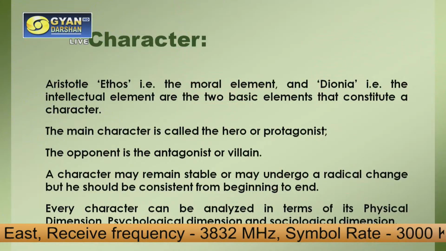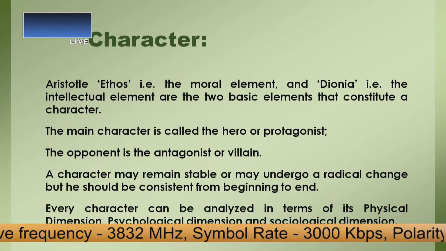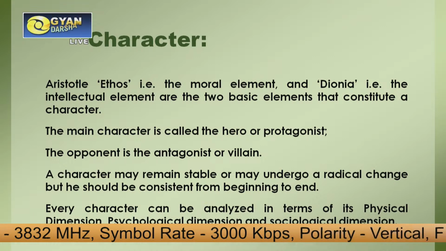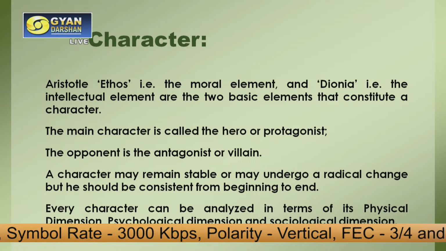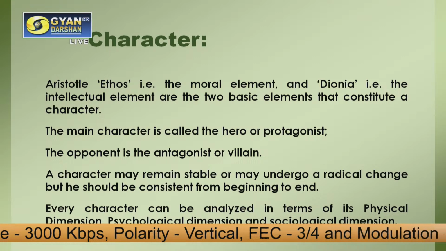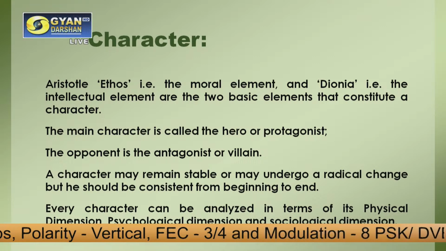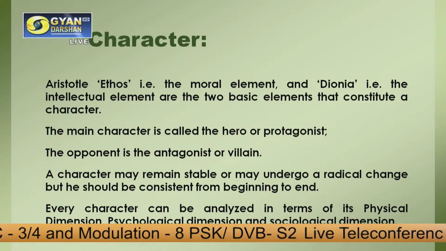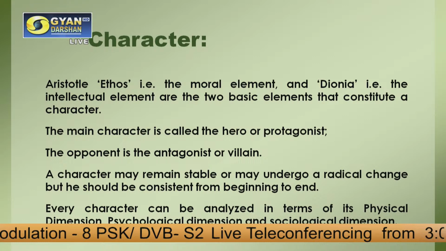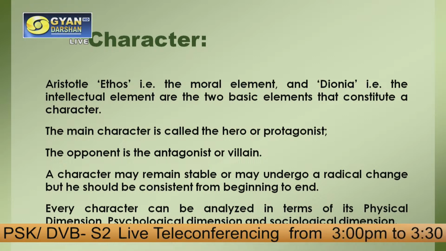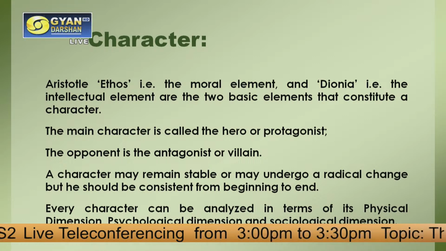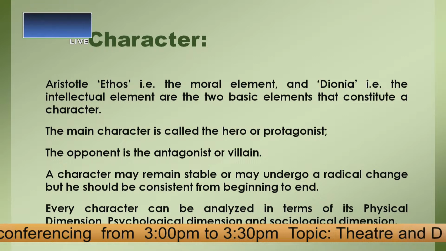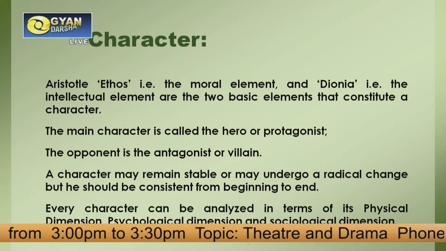So Aristotle used the word ethos for the term character. The moral element and the intellectual element are the two basic elements which constitute a character. The moral element is how he or she will be behaving in the society, and the intellectual element is there as a part of their psychology in the mind of that particular character, which are the basic elements to design the character also.